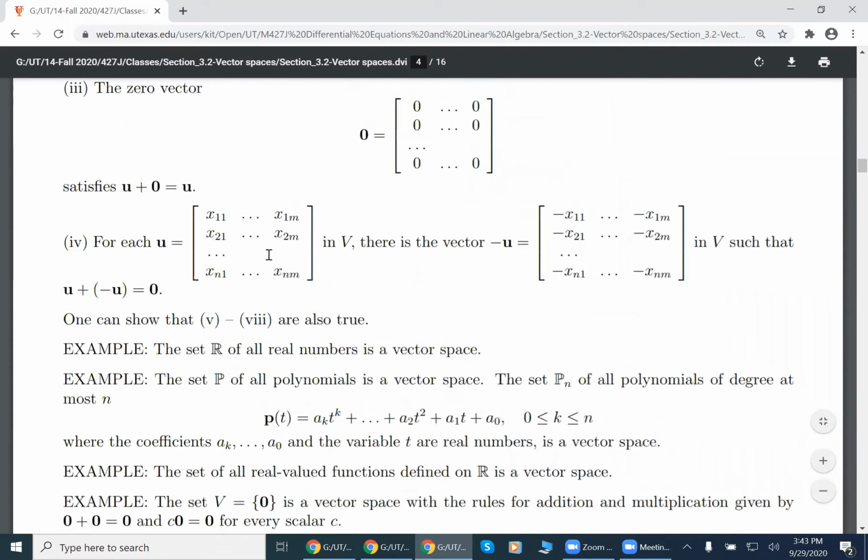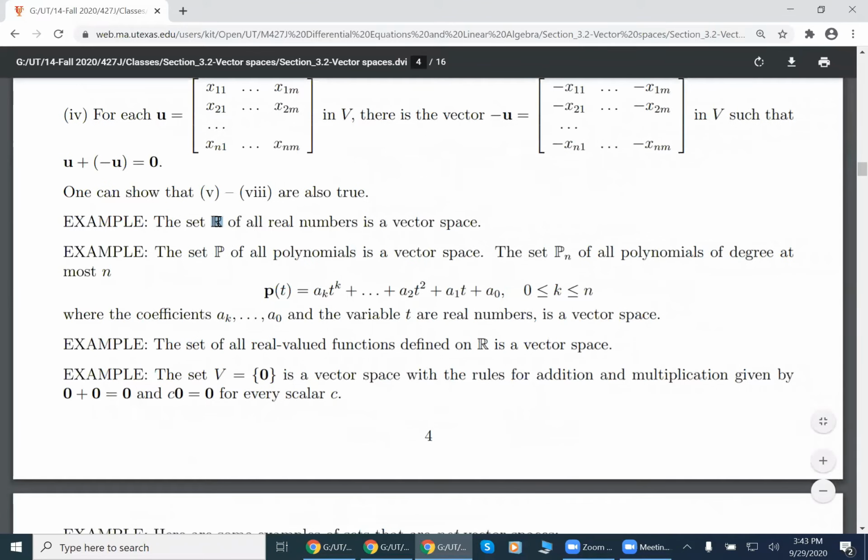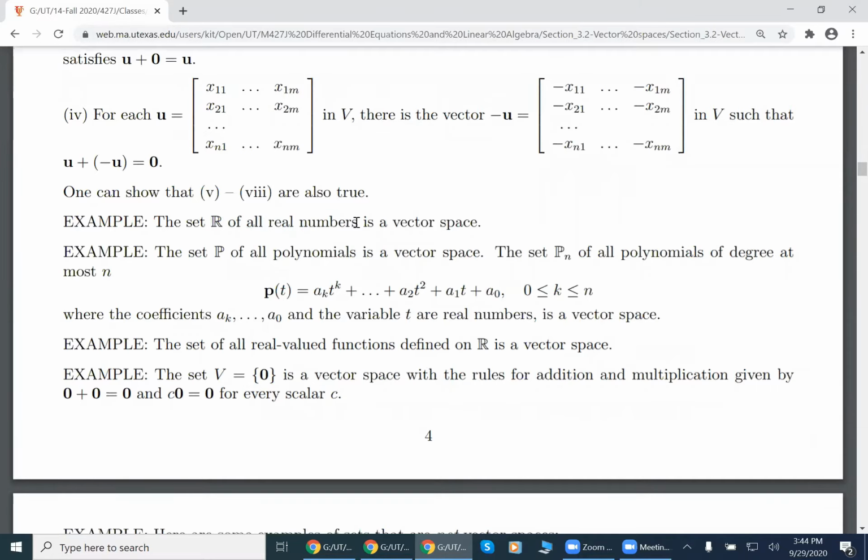Next example. One can show that R, the set of all real numbers, is a vector space again, which means real numbers with usual addition and multiplication by a scalar satisfy all 10 axioms.